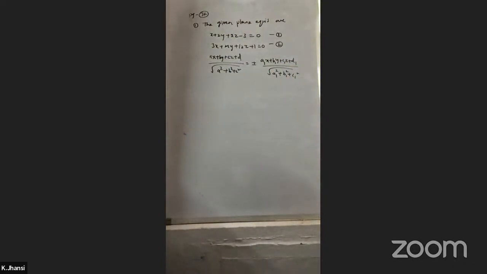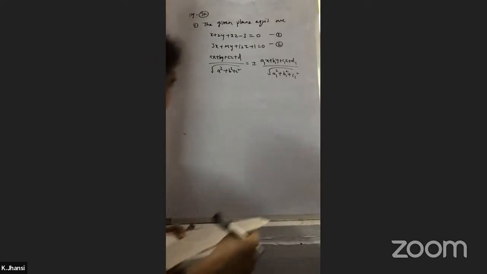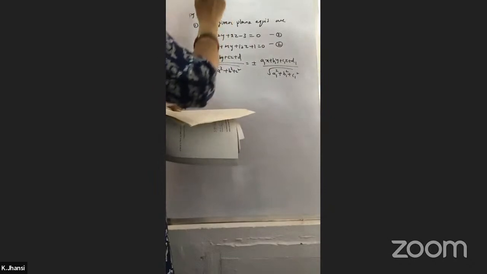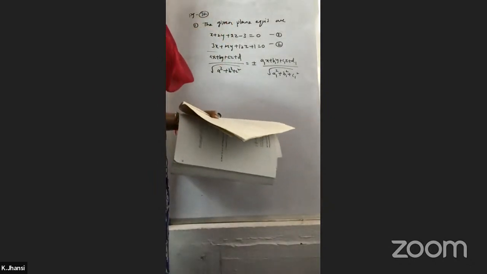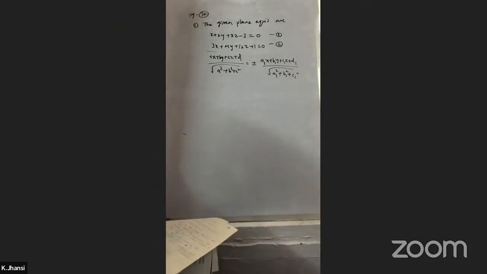So this is the angle of bisectors between any two given planes. So you can write that as the equations of the planes bisecting the angles between the given planes is. If you have this sentence in your textbook, you write that one. Just I am writing the formula here.